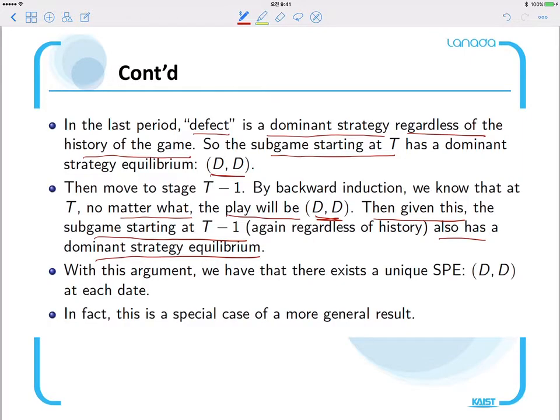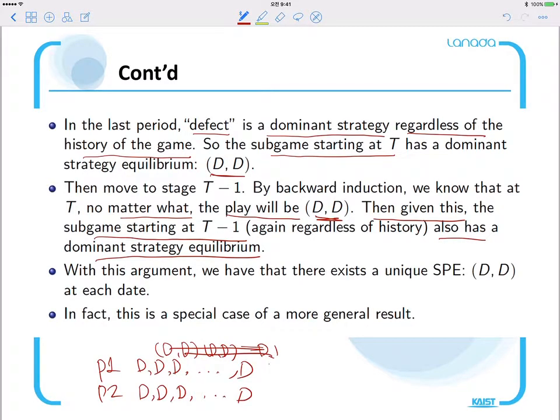In this way, we can say that for the finite stage game, playing D, D, D, D, that is, player 1 playing D, D and player 2 playing D, D, is a subgame perfect Nash equilibrium.